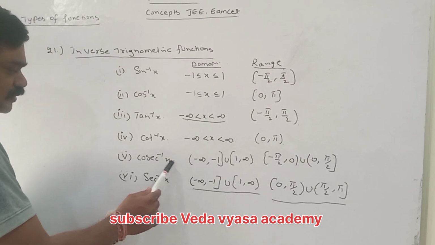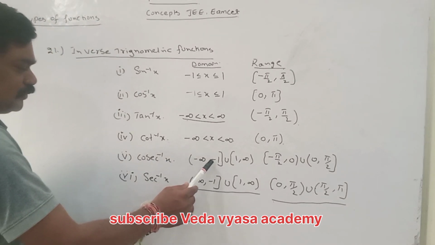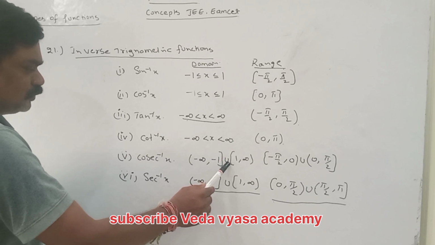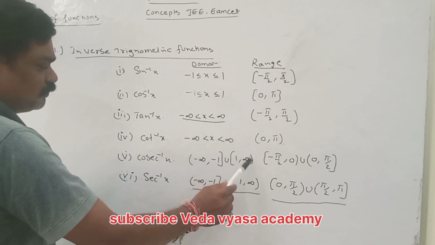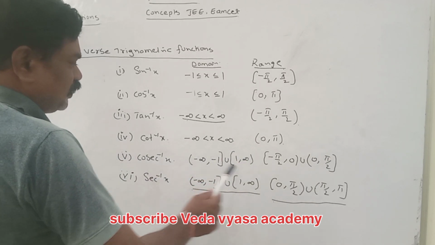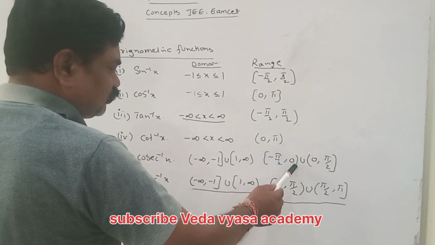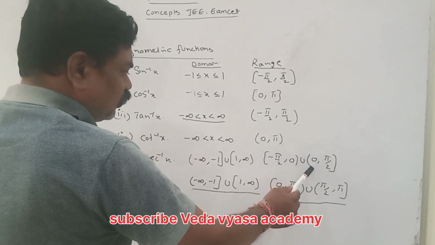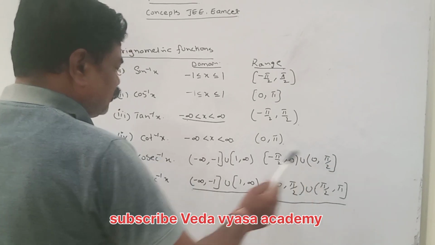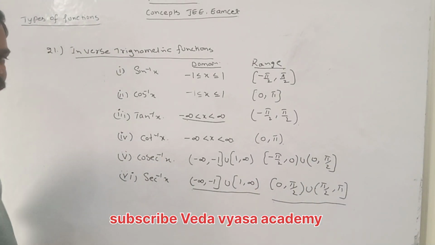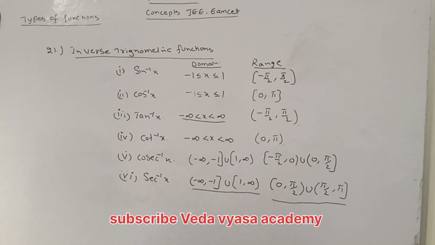Cosecant inverse x: open minus infinity to minus 1 closed, union closed 1 to open infinity. What is the range? Closed minus pi by 2 comma 0 open, union open 0 to pi by 2 closed. That is the cosecant inverse domain and range.